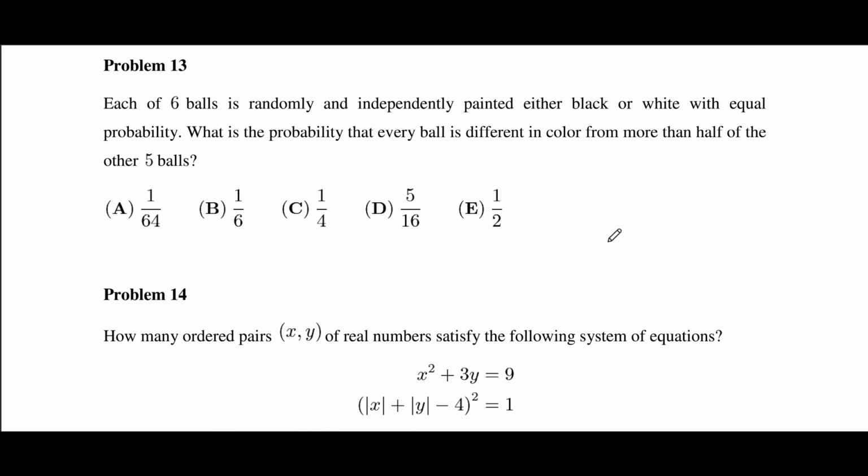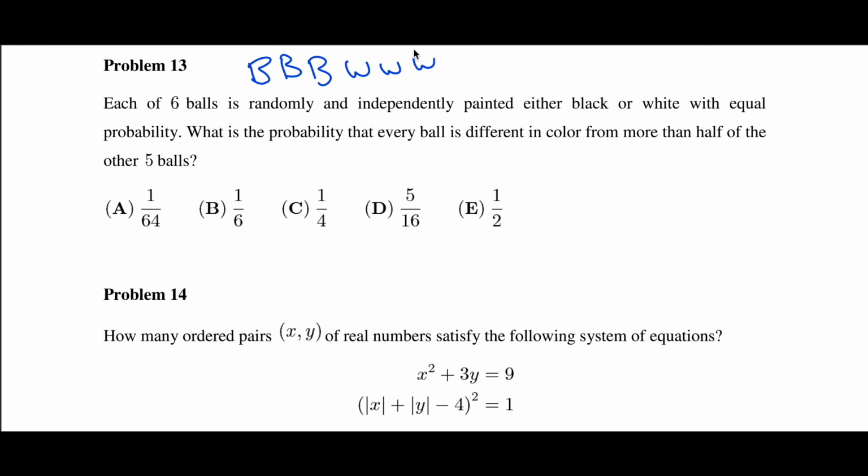Problem 13. So for this question, the only chance to have every ball different in color from more than half of the other 5 balls is 3 balls are white and 3 balls are black. So black, black, black, white, white, white.